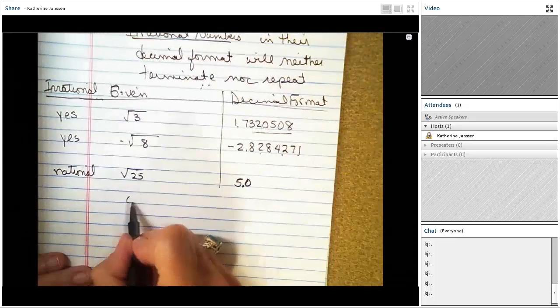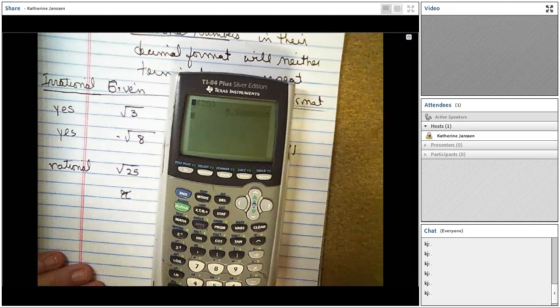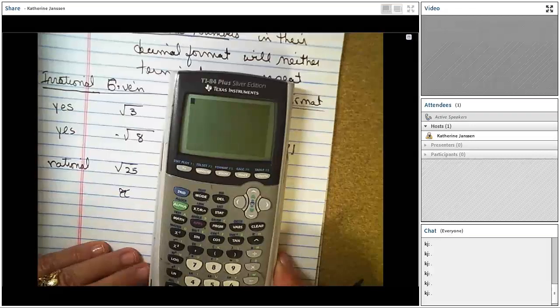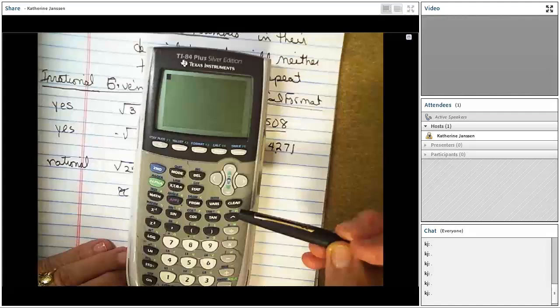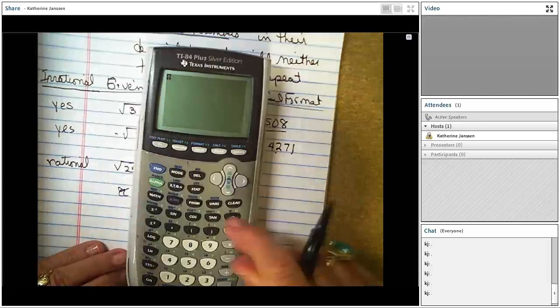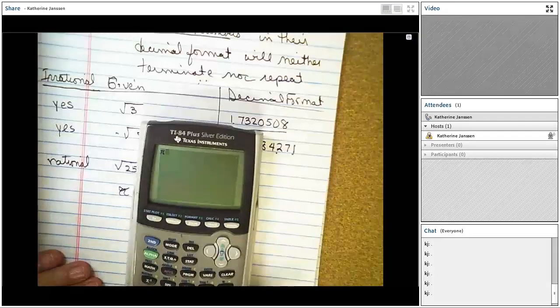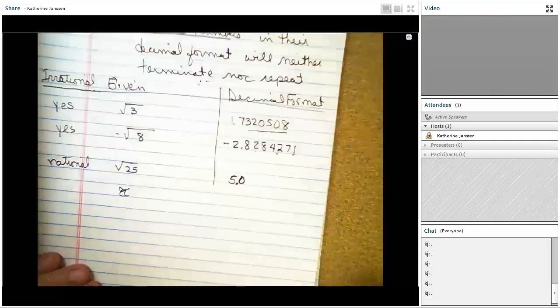And pi. Now you should find on your calculator the symbol pi. I have on my far side blue code calling pi, and then I get the symbol, enter, and I get 3.1415927.